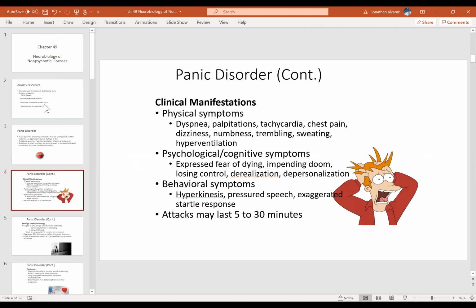Okay, sometimes they'll have increased heart rate, chest pain, dizziness, numbness. I have a pretty long fuse when it comes to working with people like this, which means it's hard to get to me.